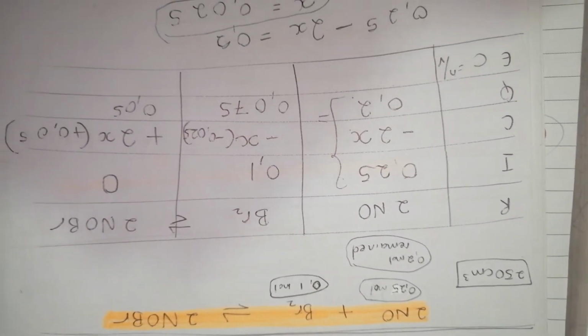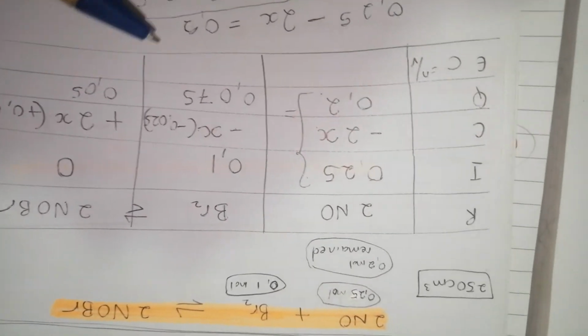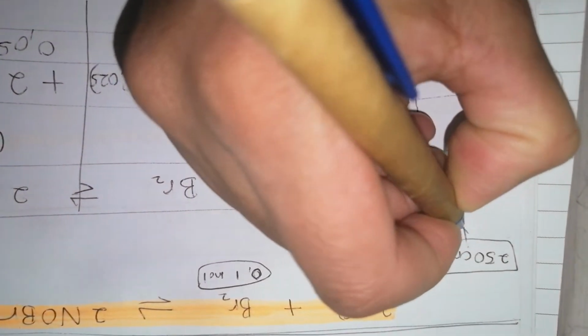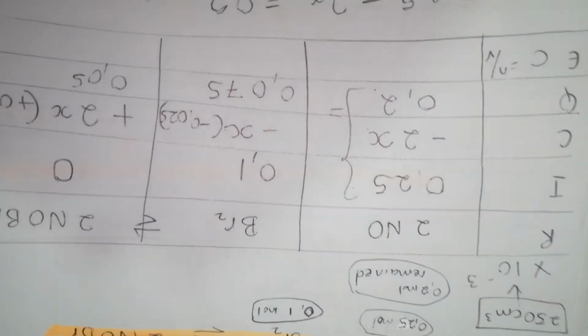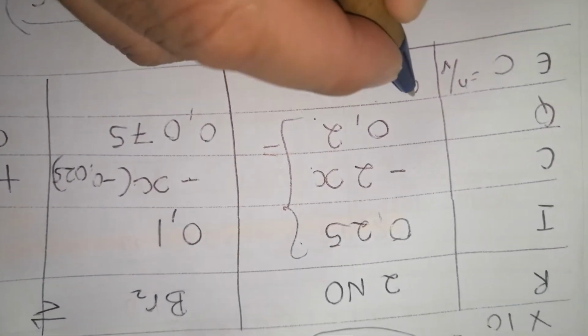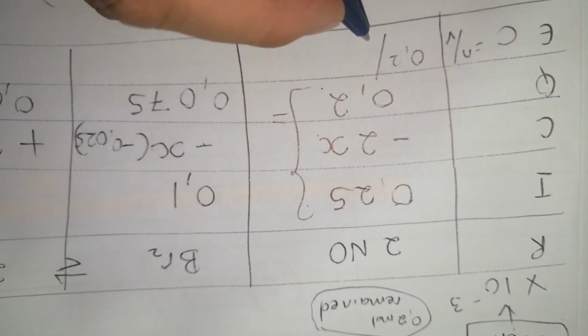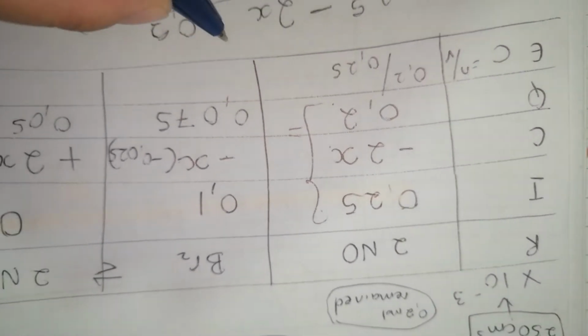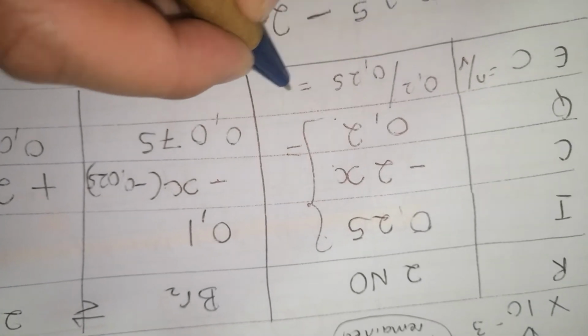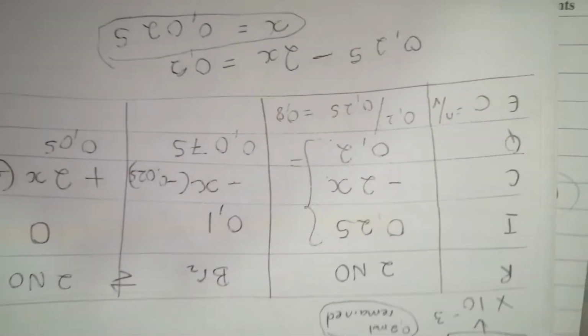Now remember, we need to change centimeter cubed to decimeter cubed. How do you do that? You multiply it by 10 to the minus 3. So you're going to say 0.2 divided by 0.25, which is converted to decimeter cubed, and that will give you 0.8 moles per decimeter cubed.